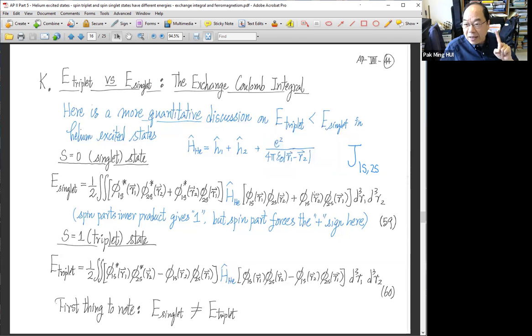The fancy thing is the following. Please pay attention. Do you see there will be a term? On the left, it is 1sR1, 2sR2. Then the Coulomb in the middle. And then it will pick up this term to do integration. Now, that is very strange. This is 1sR2, 2sR1. Look back on this side. It is 1sR1, 2sR2.